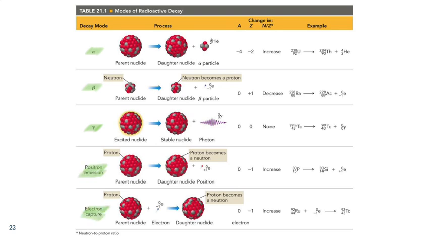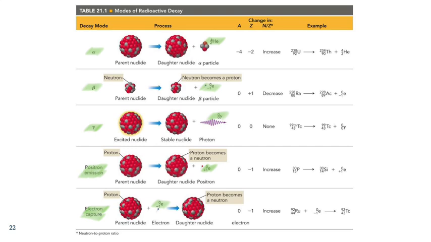You need to know the symbol for these guys. The alpha particle, a helium nucleus; the beta particle, an electron. Gamma ray is the gamma, and it's got no mass or protons, so it's 0, 0.